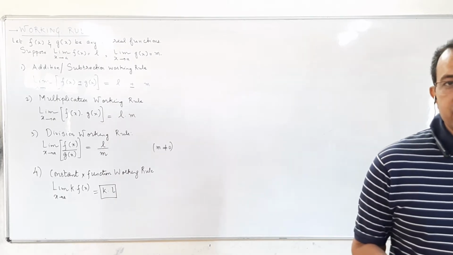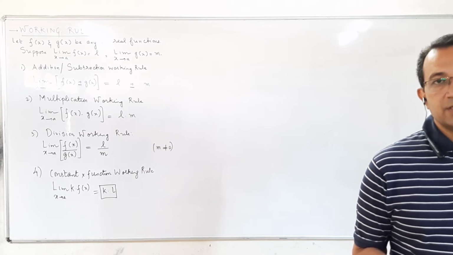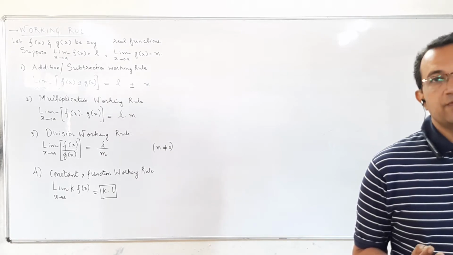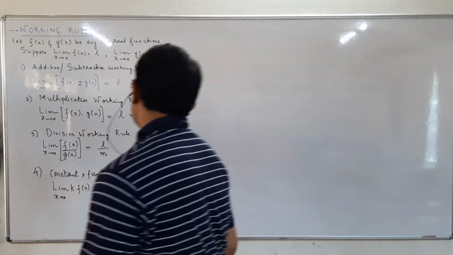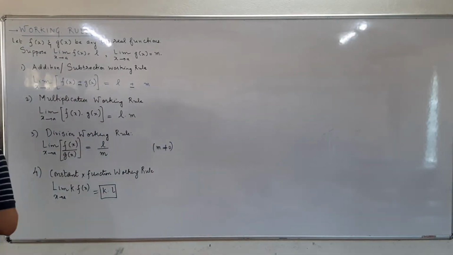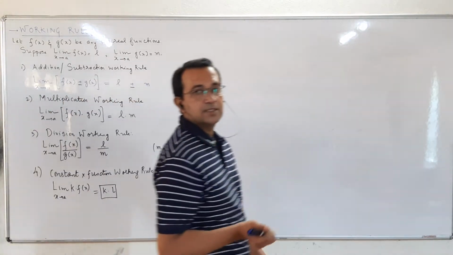The first is addition subtraction working rule, second is multiplication, third is division, and fourth is constant into function working rule. This title is not given in the textbook, but you can understand it as constant into function working rule.